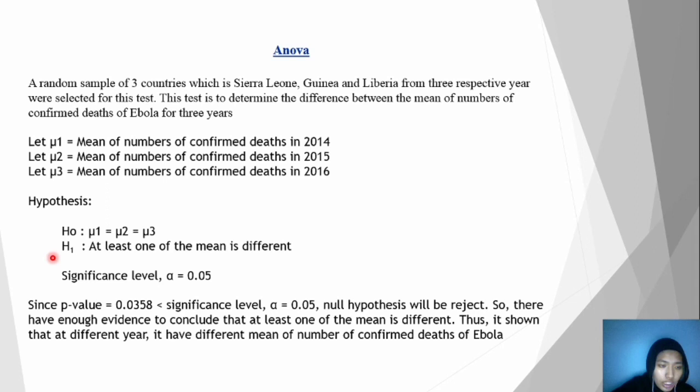Since the p-value is less than alpha 0.05, the null hypothesis will be rejected. So there is enough evidence to conclude that at least one of the means is different. Thus, it also shows that different years have different mean numbers of confirmed deaths of Ebola.